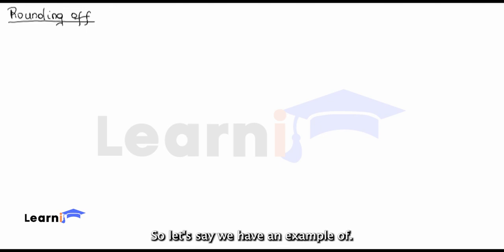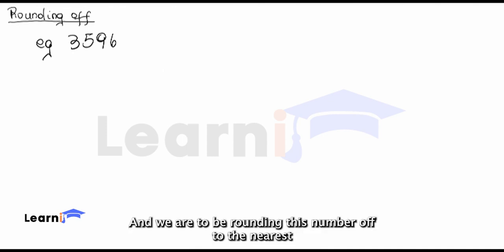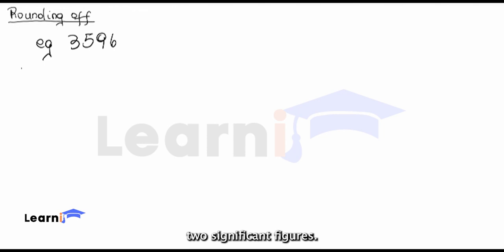Let's say we have an example of 3,596, and we are rounding this number off to the nearest two significant figures.